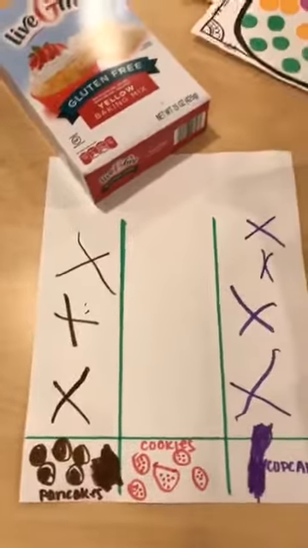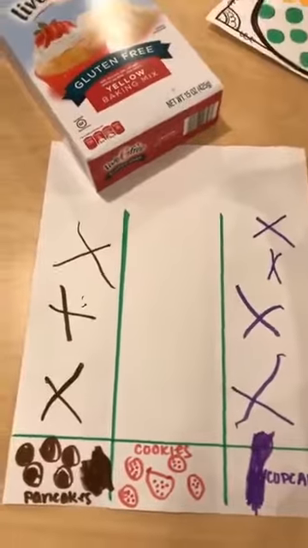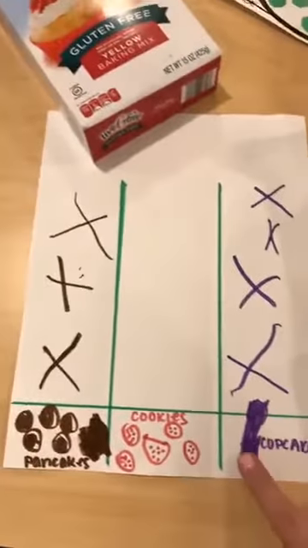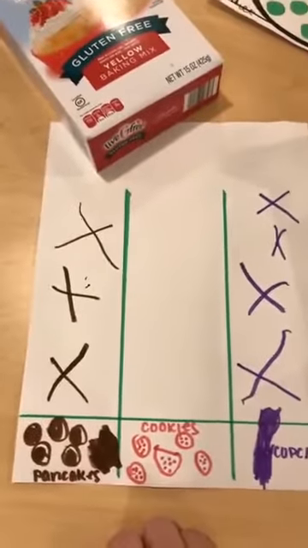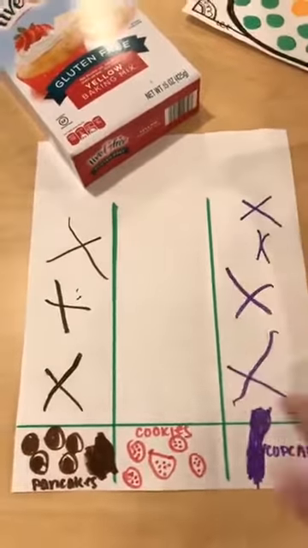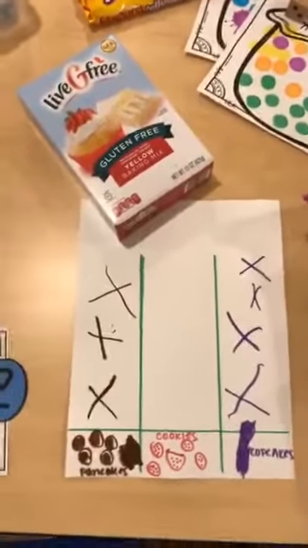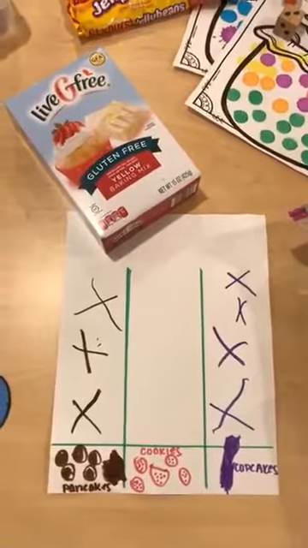Because we've actually made those 3 things this year. And this is the cupcake my little friend drew, and one friend drew cookies and one drew pancakes. And then we went around the snack table and they voted on cupcakes. And I have a friend who's allergic to gluten, so we're gonna make some gluten-free cupcakes for our Easter snack.